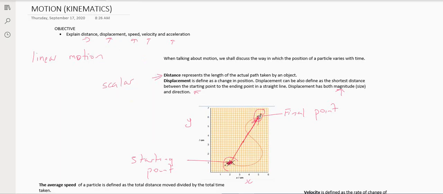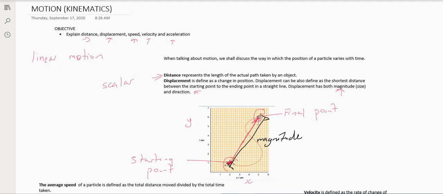If we measure that length from where he starts, this is going to be the magnitude.